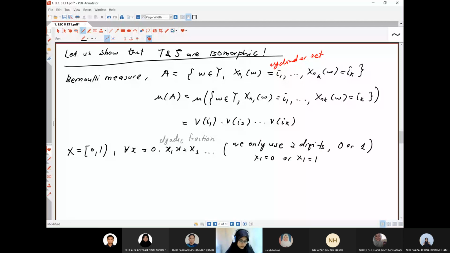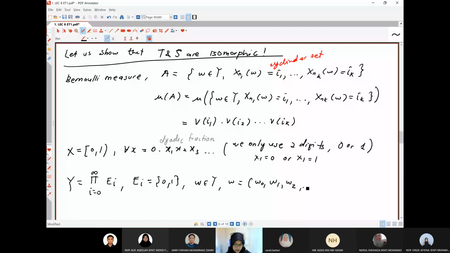Okay, now again, for the Bernoulli measure, you will have y in the partition function from 0 until infinity. So I have e_i, where e_i is 0 or 1. The omega taken from this y is actually this sequence: omega 0, omega 1, omega 2, and so on.